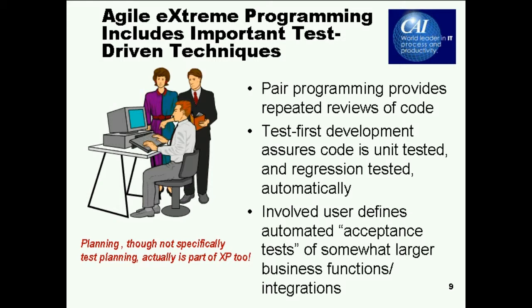That is, in the Agile development team, there are really only 3 fundamental members: 2 developers and a user representative or customer representative. And the 2 developers work together to program. And when they do that, one will do some programming and the other will review it, and vice versa.